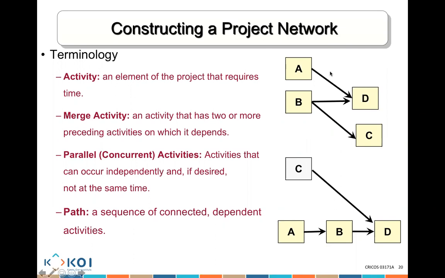So if this is 5 days, and this is 5 days, and this is 10 days, this is the critical path. Why? Because even if you finish this path and this path in 5 days, you will not be able to finish the project unless you finish activity B and C. So it takes much longer to finish that particular task.